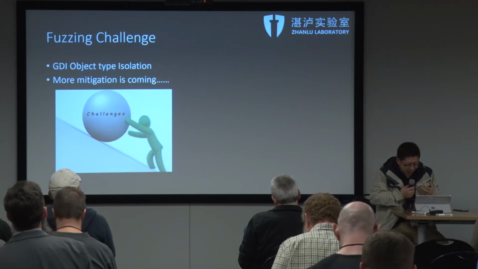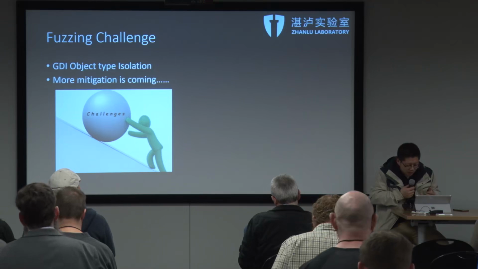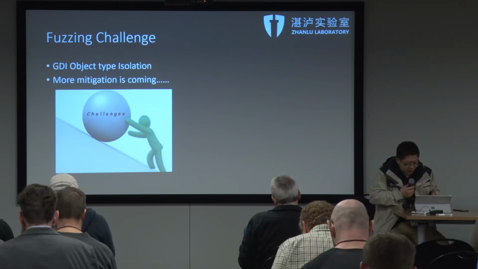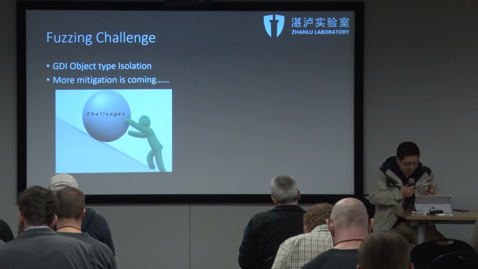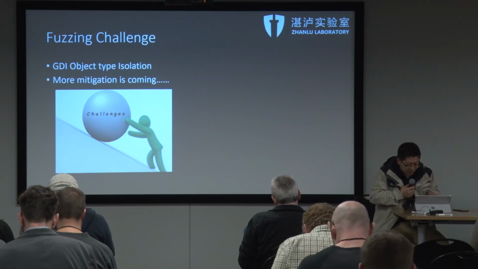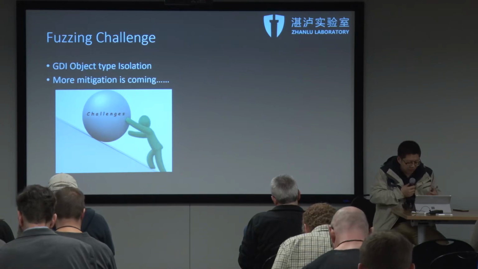Microsoft introduced the type isolation mechanism to prevent use after free bugs. In my experience, the use after free of the GDI object is almost over after the type isolation.